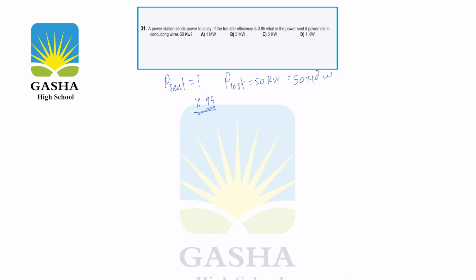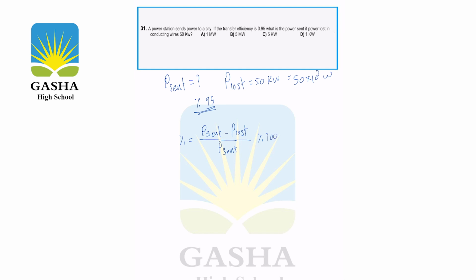You already know that the transfer efficiency is equal to power sent minus power lost over power sent times 100, okay?